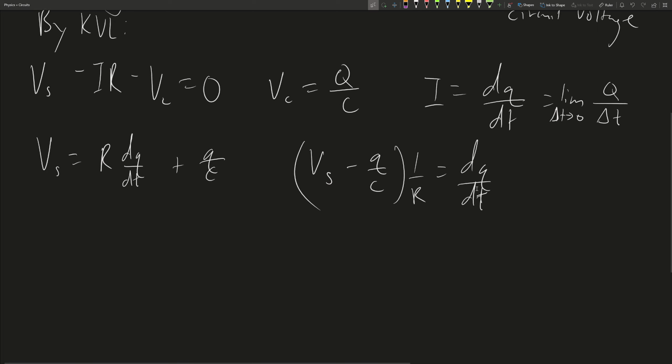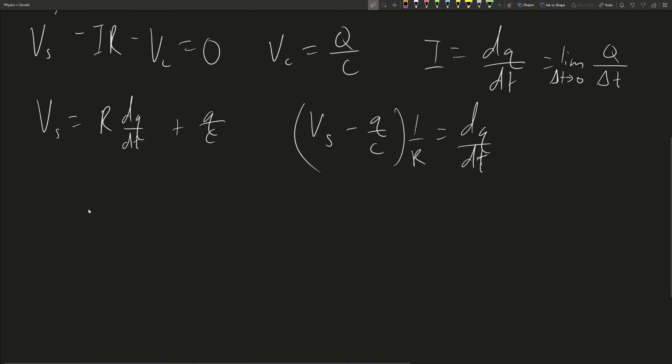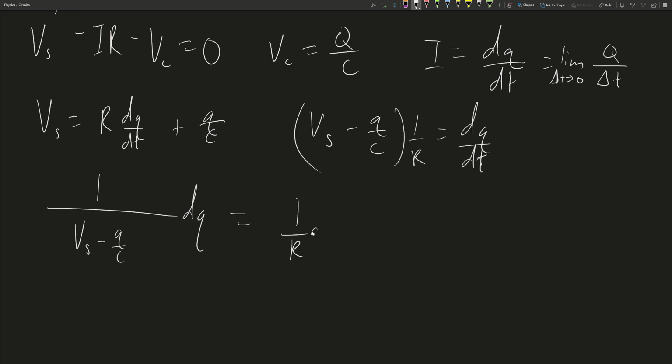And then rearranging this again, we get that 1 over Vs minus Q over C dQ is equal to 1 over R dt.